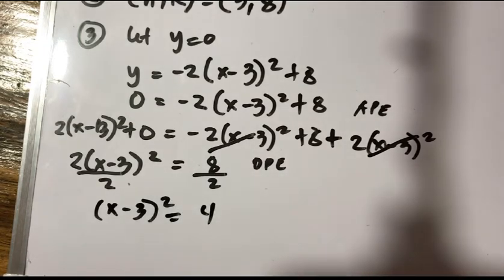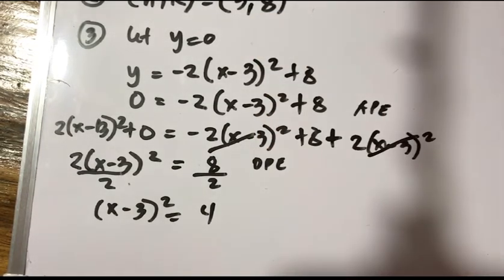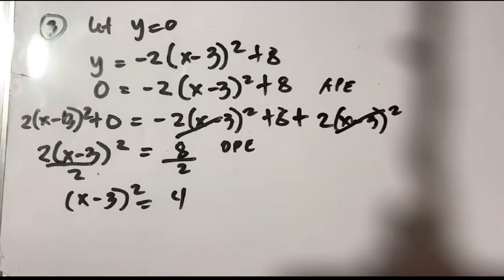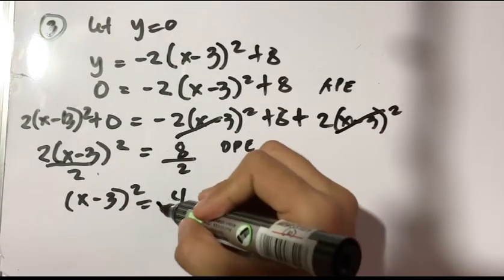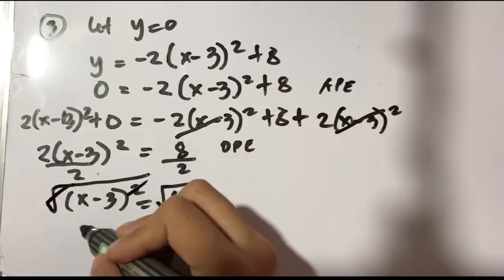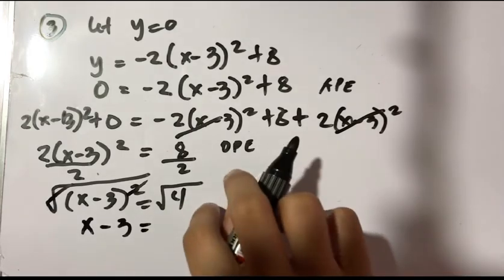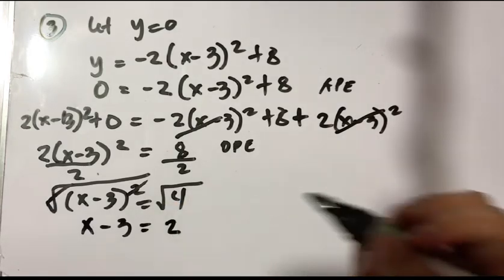So, again, going back to our goal, which is to get the value of x with y equal to 0. And this is by taking the roots. So, this is cancelled. Now, we have x minus 3 is equal to the square root of 4, that is 2.